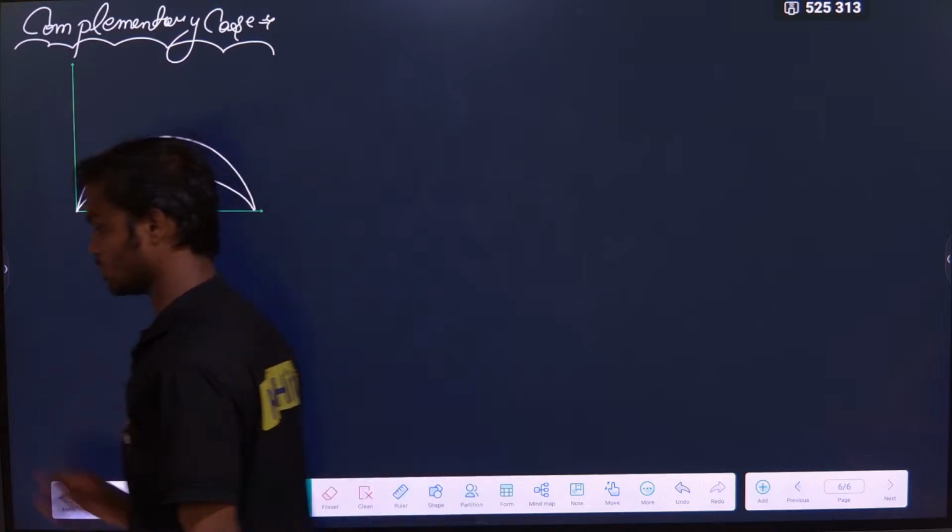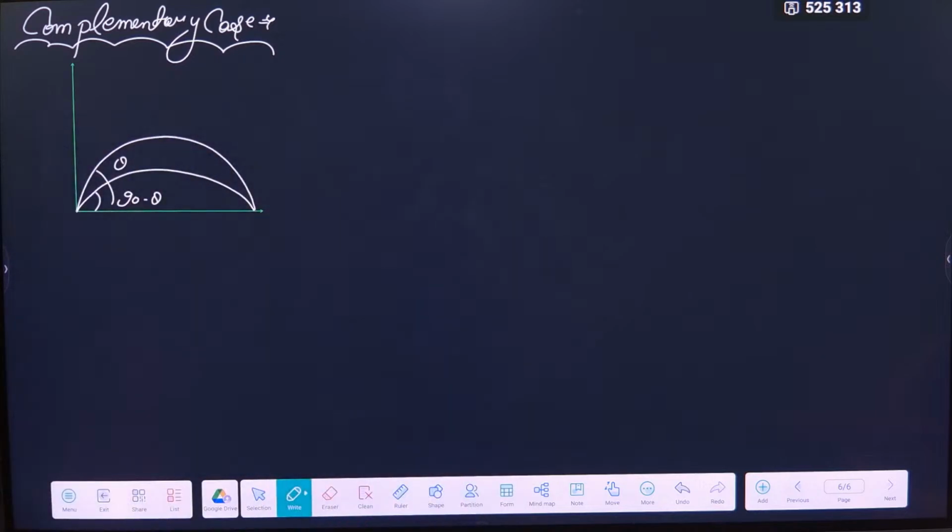These are the two projectiles. Let us suppose here are the two projectiles, one at theta, one at 90 minus theta, correct?